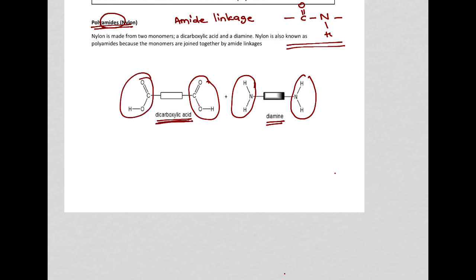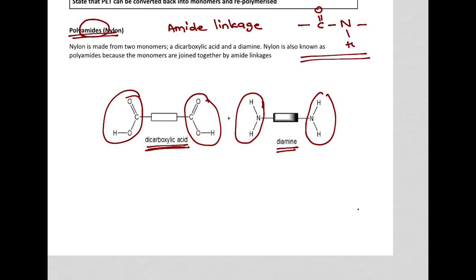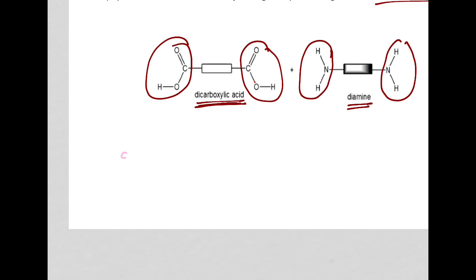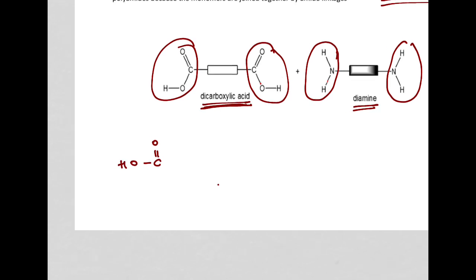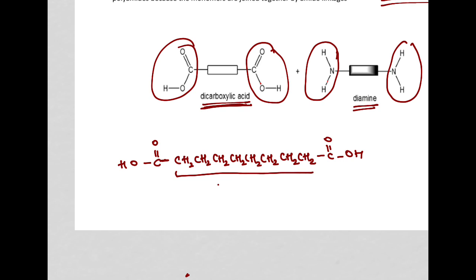Now, what is this box representing? The box is representing a long chain in between the carboxylic acid. So this monomer actually looks like this. So you have COOH, and then 8 CH2 here, and then COOH again. So you have one carboxylic acid and one carboxylic acid, two carboxylic acids in that one monomer.